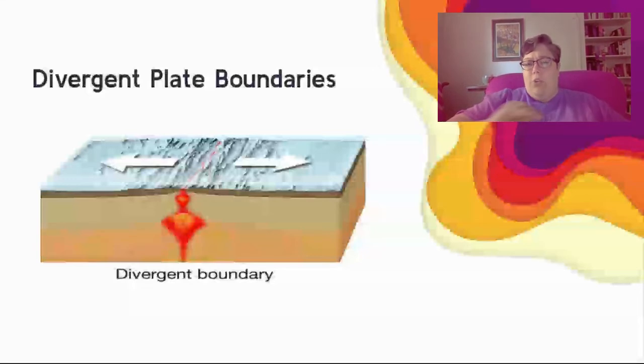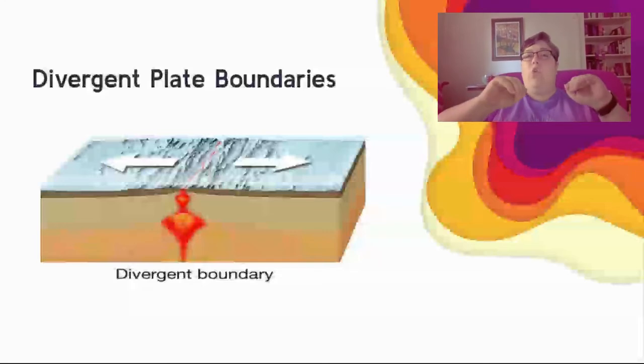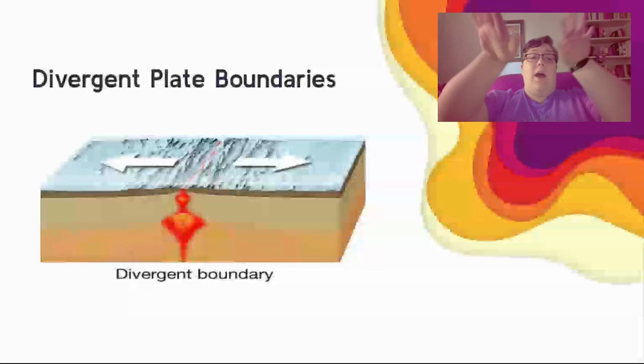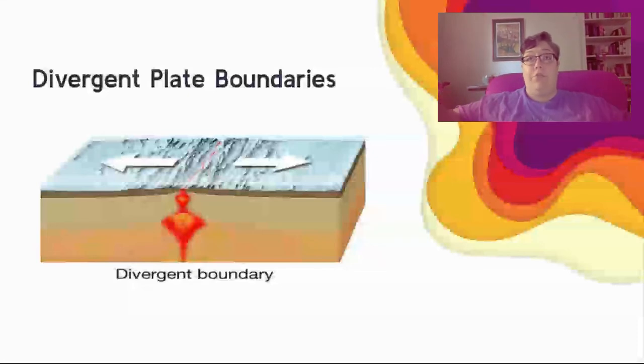And what's underneath the crust? Magma, lava. So that's going to bubble up. It's going to hit whatever's up above, either water or air, depending on where this is happening. And it's going to cool and solidify and form new land. So divergent plate boundaries are where new land is formed.